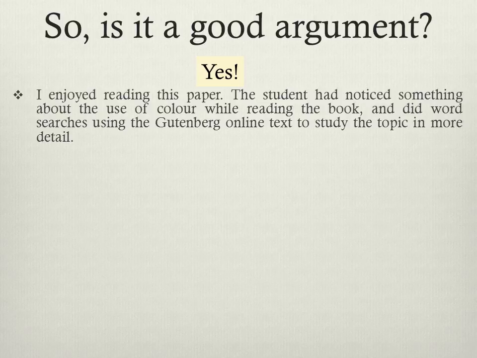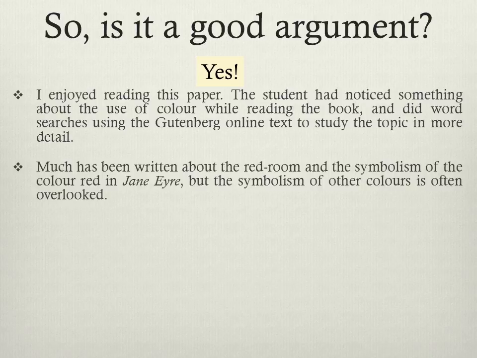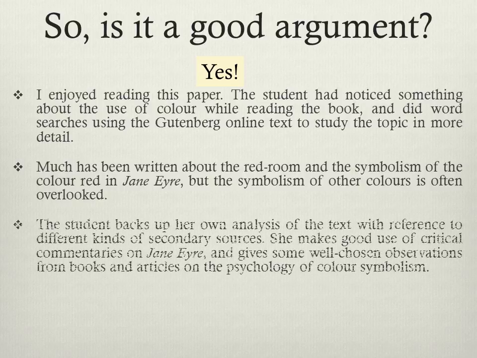And so I thought that was quite well done. And because people talk often about the red room and the symbolism of the colour red, I was possibly a little bit worried that the student would not talk about other colours, but the way that the text makes this transition from red through to blue, and Jane herself is basically grey most of the way through.